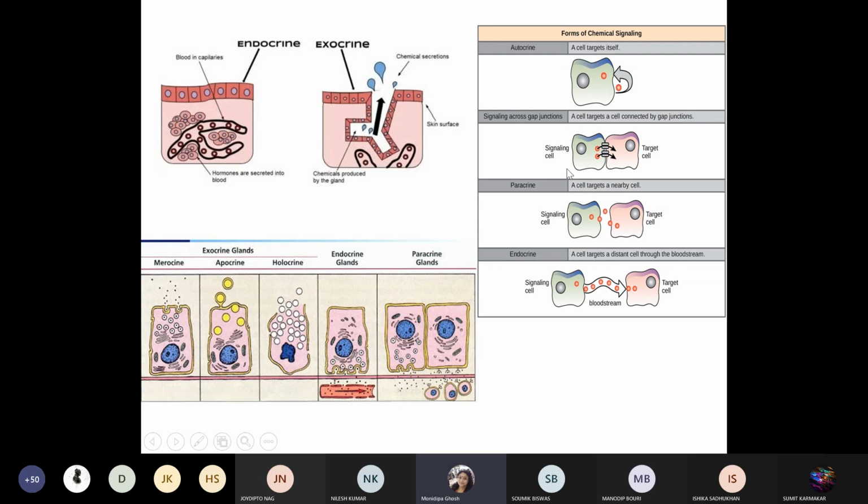In signaling across the gap junctions, two cells are sitting nearby, but there are some gaps, like the nerve cell in the synapse. Have you heard about the neurons or the nerve cells? Yes, ma'am.